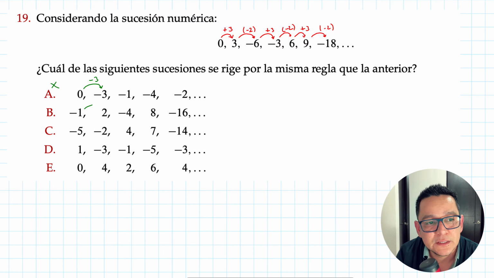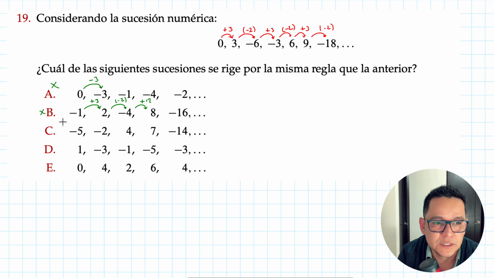Let's see, from minus 1 to 2, you have to add 3. From 2 to minus 4, here it's fine. You have to multiply by minus 2. This one doesn't work from minus 4 to plus 8, right? Because from minus 4 to plus 8, adding 3 isn't enough. From minus 4 to plus 8, you add 12, right? So this isn't it either.